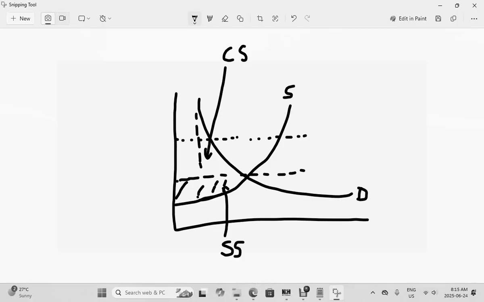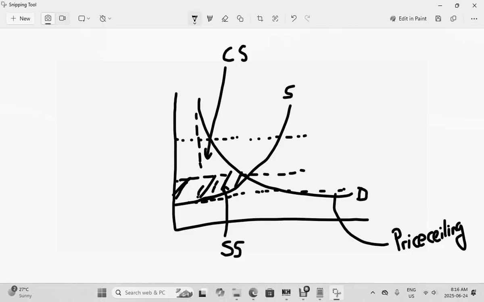Apart from that, you also have price ceilings that are below the equilibrium point. So suppose the government was to regulate the prices in such a way that the price ceiling would be below the equilibrium point. Let's suppose this is your price ceiling. Because this price ceiling is below the equilibrium point, we know that the supplier surplus will be reduced. Initially the supplier surplus was this area over here.